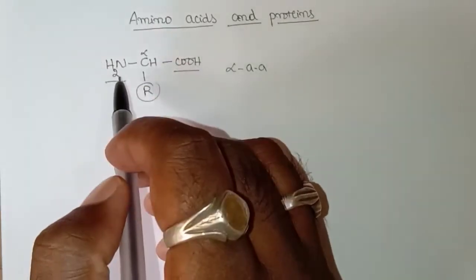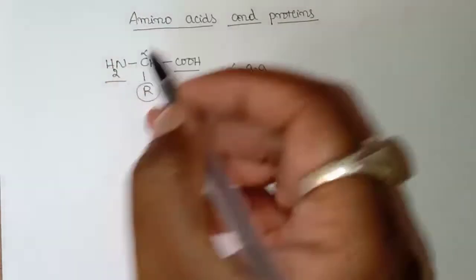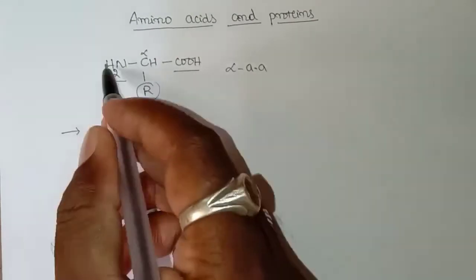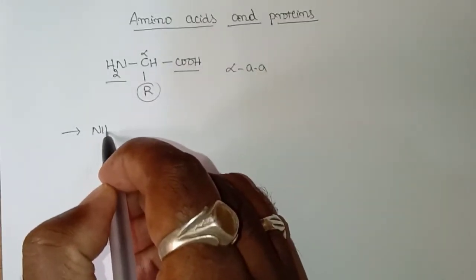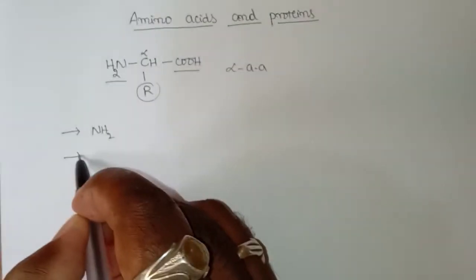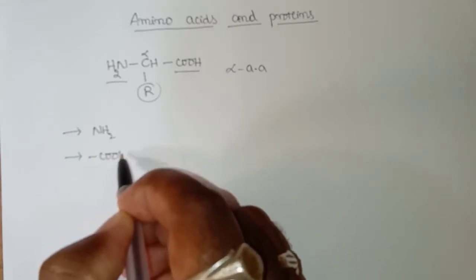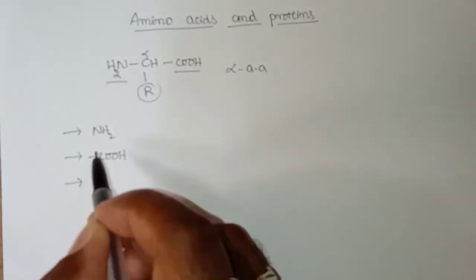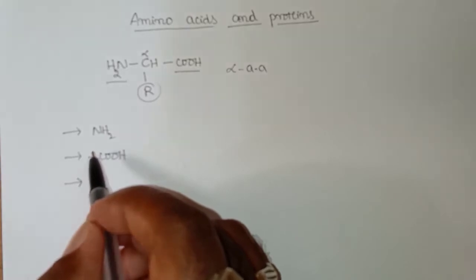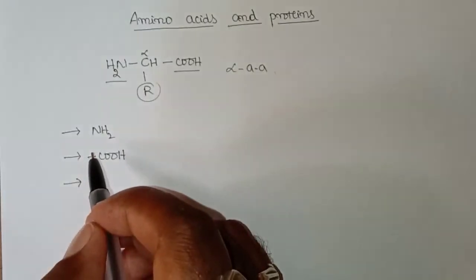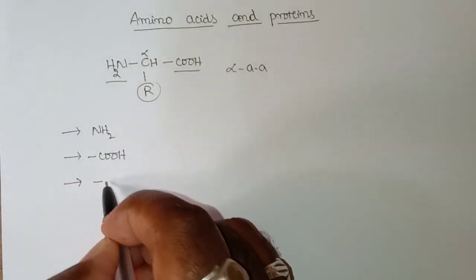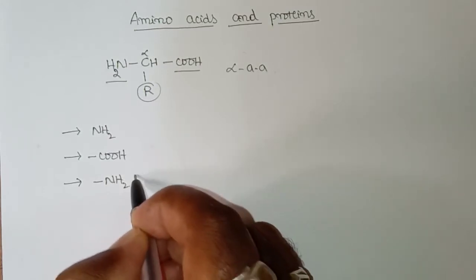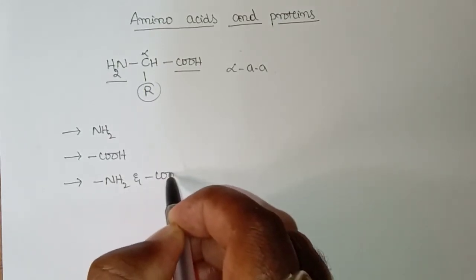So the chemical reactivity of the amino acids is mainly due to the NH2 group, or it may be due to the COOH group, or in some cases due to both functional groups, that is both NH2 as well as COOH.